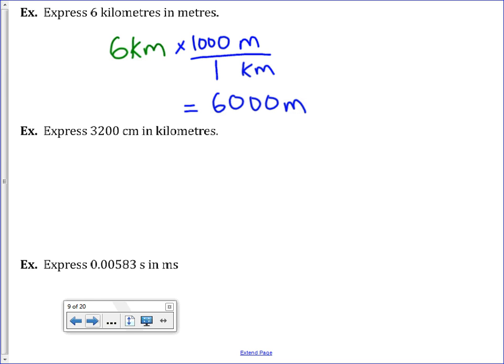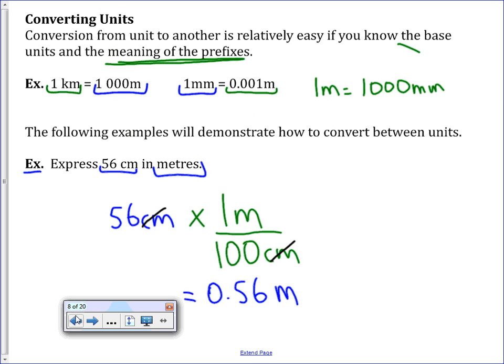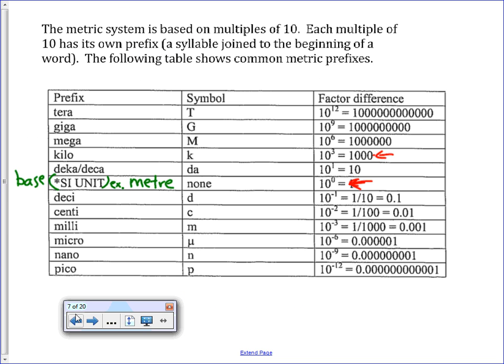In the next example, we're asked to express 3,200 centimeters in kilometers. This one is an example of where we're going beyond the base unit. And if we go back to our conversion table, we identify where centimeters are, so our centimeters are here, our kilometers are here.